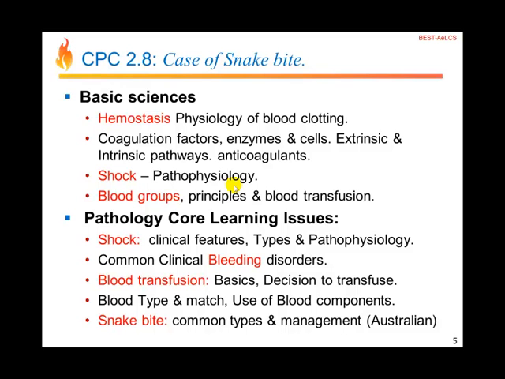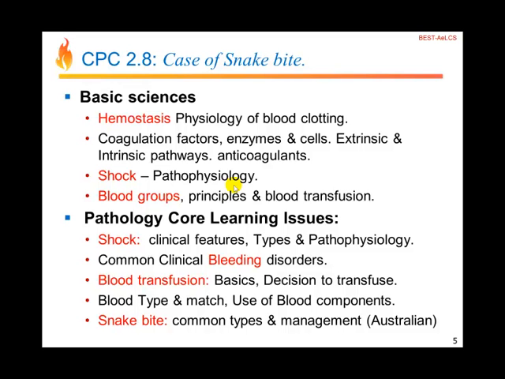When both the pathways are abnormal, we suspect systemic, that is acquired, conditions of extensive stimulation of hemostasis and coagulation, and that is more common with DIC, snake bites, extensive trauma, post-surgery, burns. Okay, so coagulation pathways, read about it.